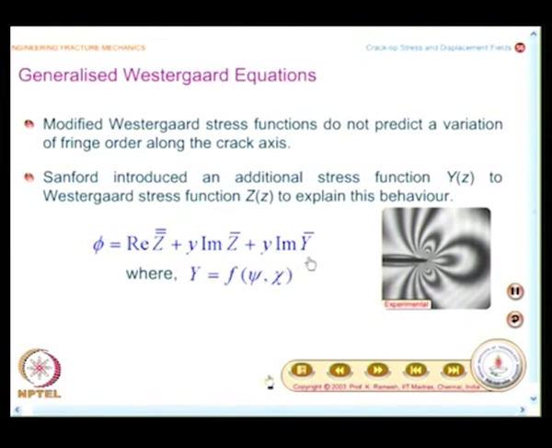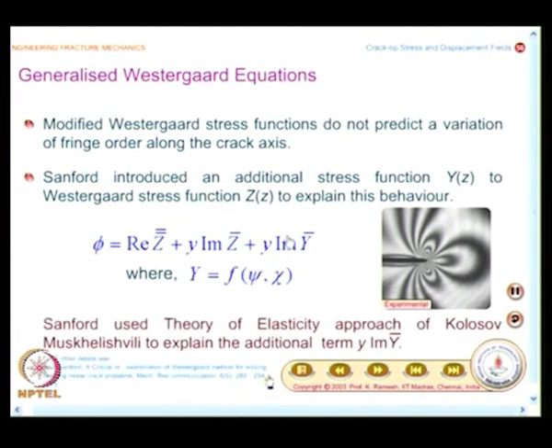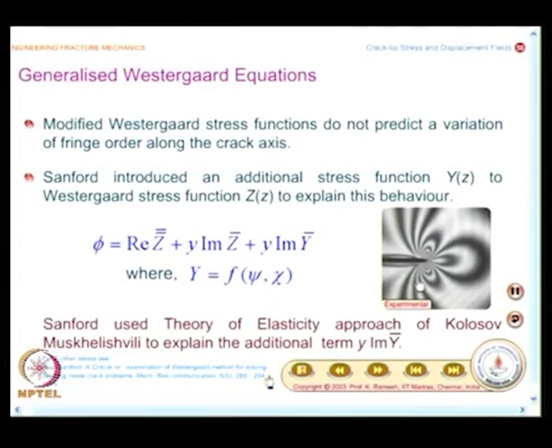Sanford justified that the introduction of an additional stress function is necessary, because if you look at the Kolosov-Muskhelishvili formulation, in general any Airy stress function is given as 2 analytic functions in suitable combinations. So, from that logic he was able to justify why we need to have an additional stress function Y, and we would see what was the implication of it. And you have to keep in mind the kind of fringe pattern that you come across in the most general situation.